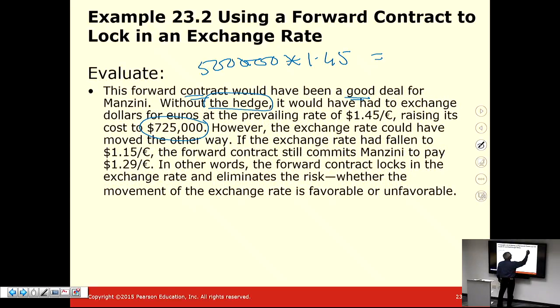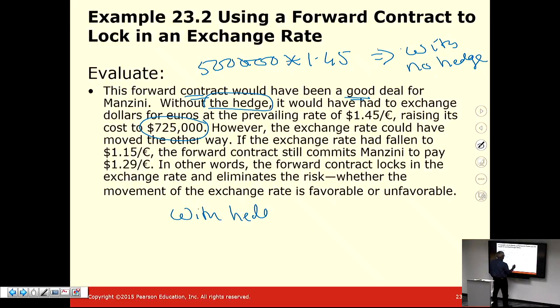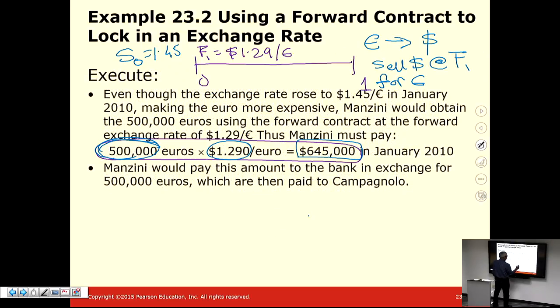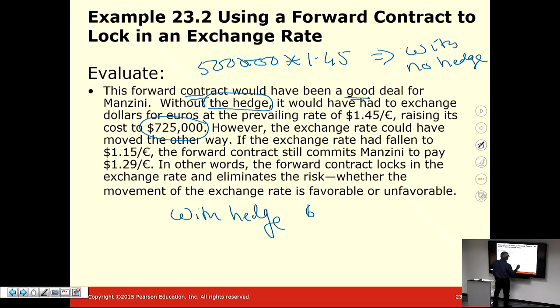So this is with no hedge. With hedge, it is $645,000.